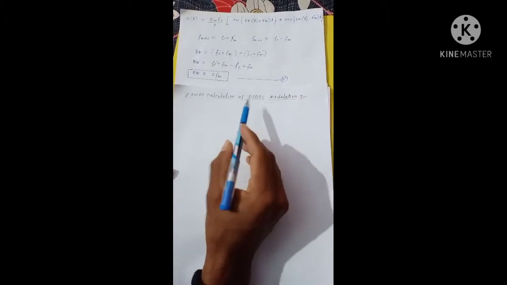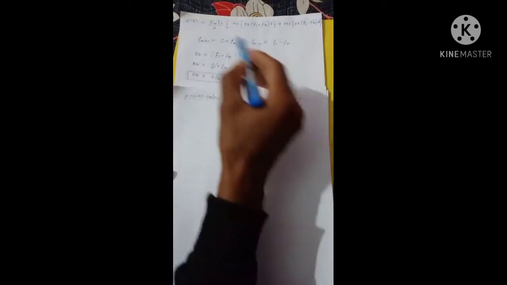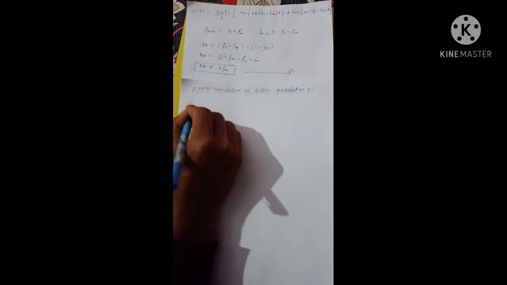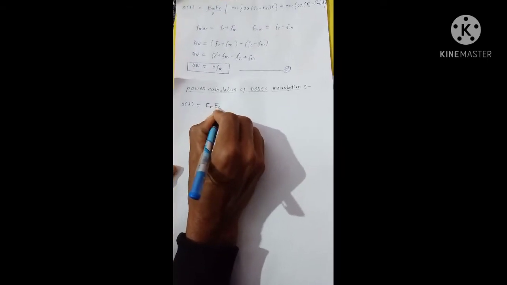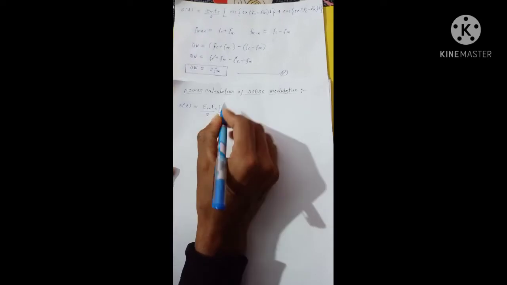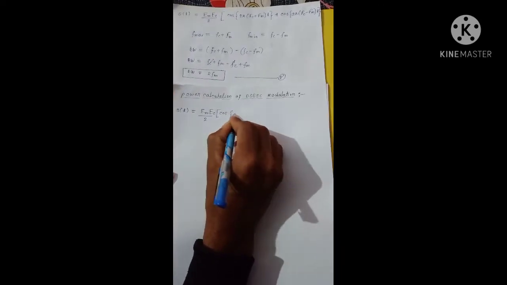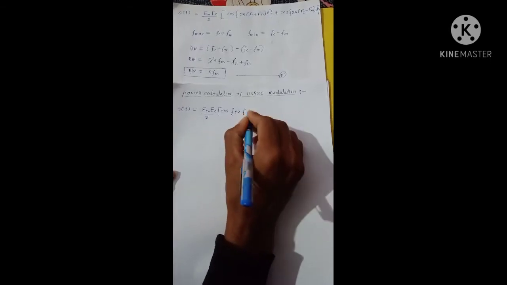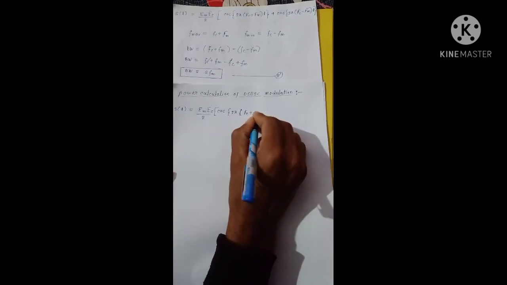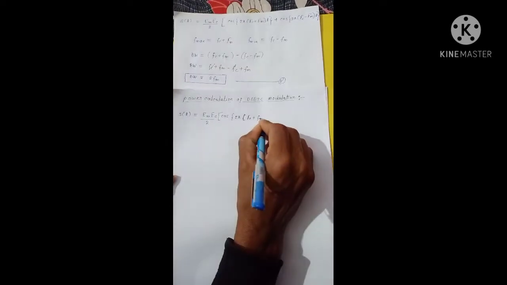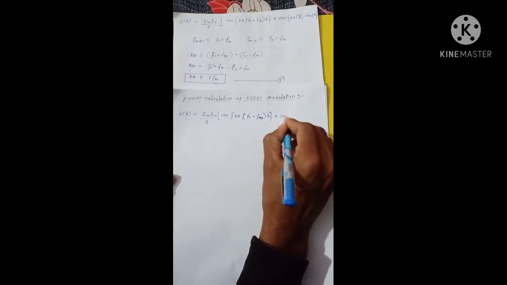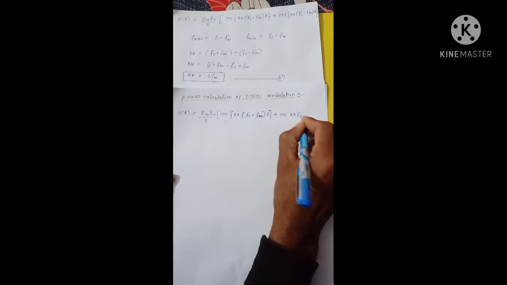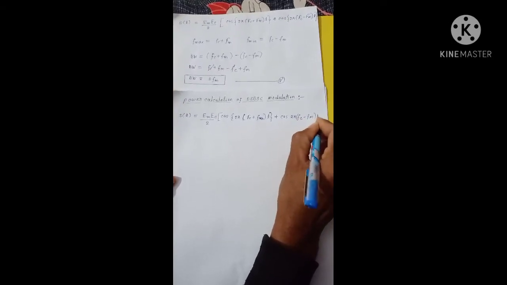So let's consider this equation of the DSBSC modulated wave. s(t) is equal to Em Ec upon 2 into cos 2 pi (fc plus fm) t plus cos 2 pi (fc minus fm) t.